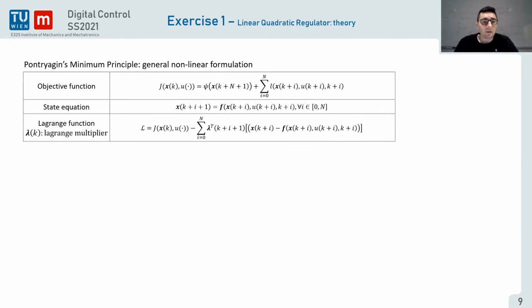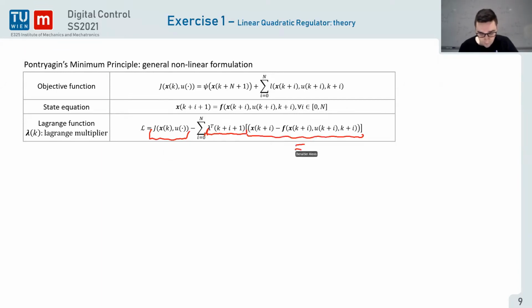And so to solve this in an easier fashion, you can design this Lagrange function. In Pontryagin minimum principle, usually we talk about co-states. Here in the lecture notes, they talk about Lagrange multiplier, but the idea is the same. I'm still minimizing this, which is my objective function, and then I add this lambda term here, and this is the constraint.